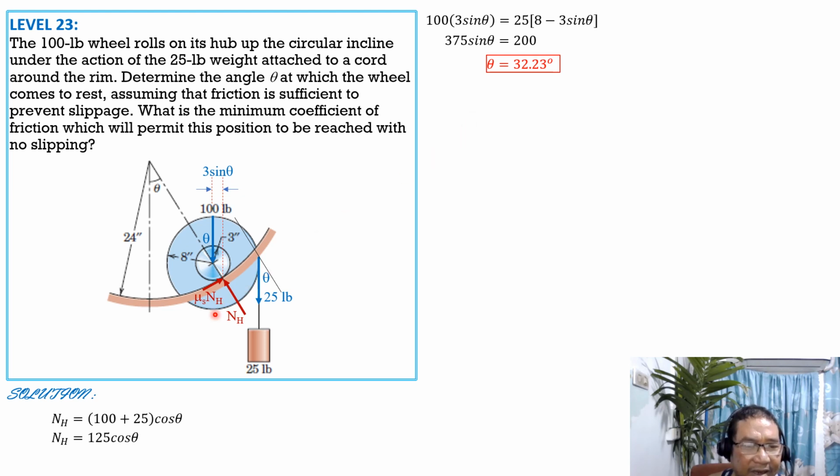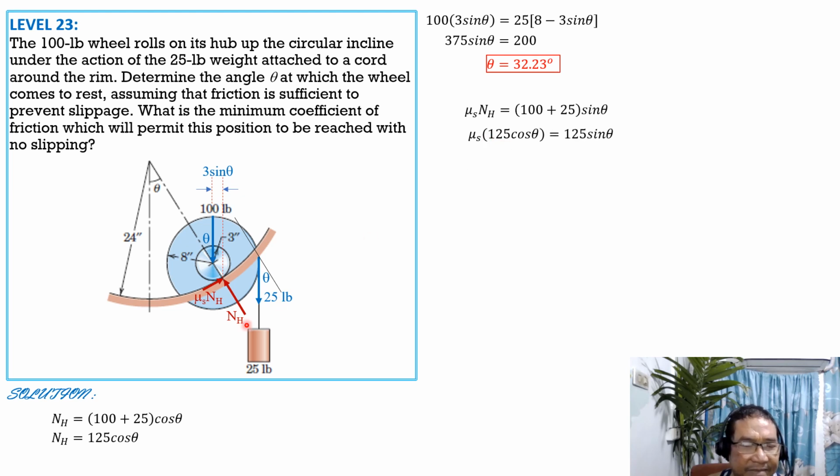Then for the minimum mu sub S, summation forces tangential equals 0. So mu sub S times N sub H equals 100 plus 25 sine of theta. Since theta has been found and N sub H is in terms of theta, 125 cosine theta, we can solve for mu sub S, the minimum coefficient of friction.